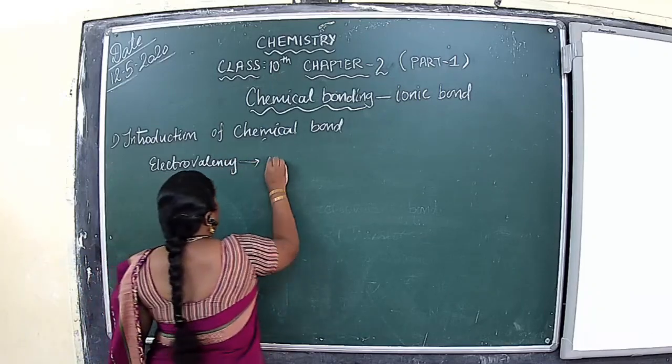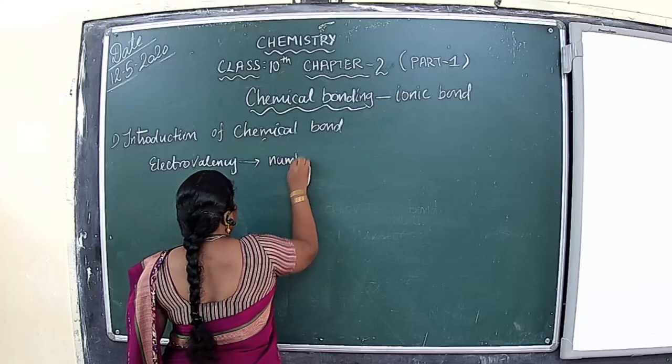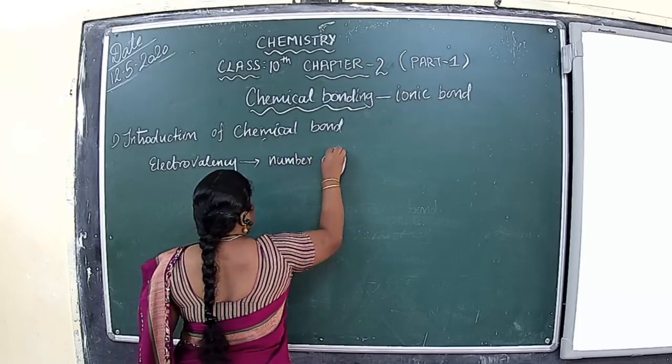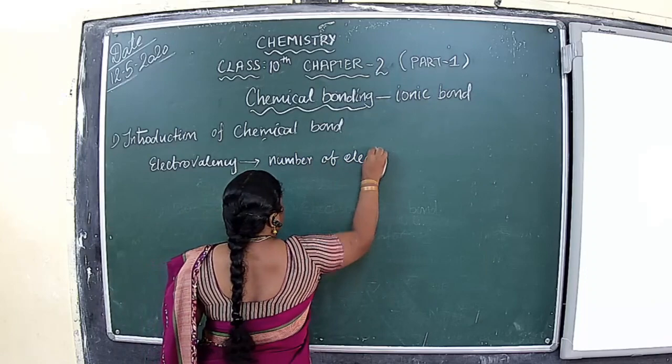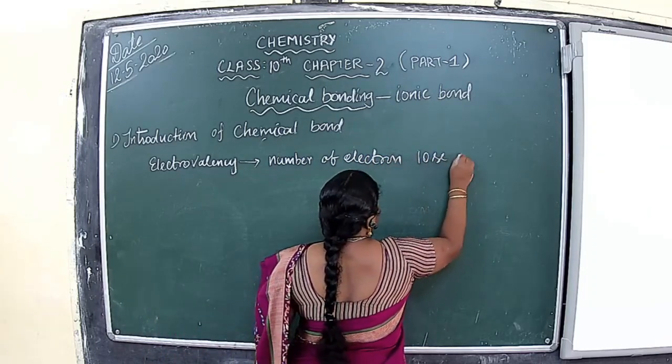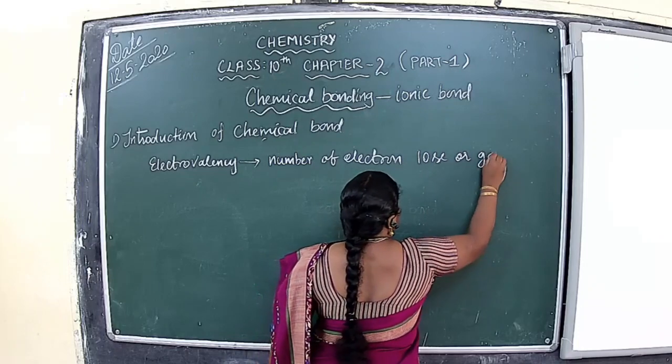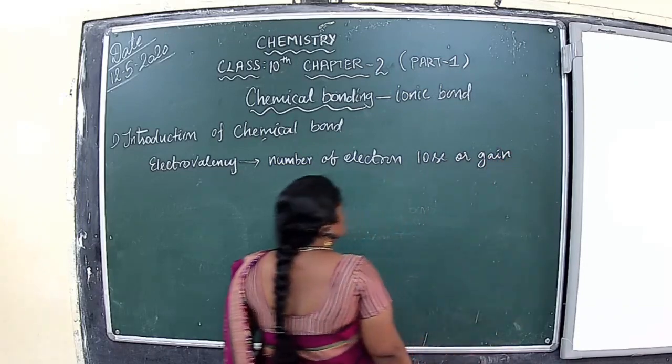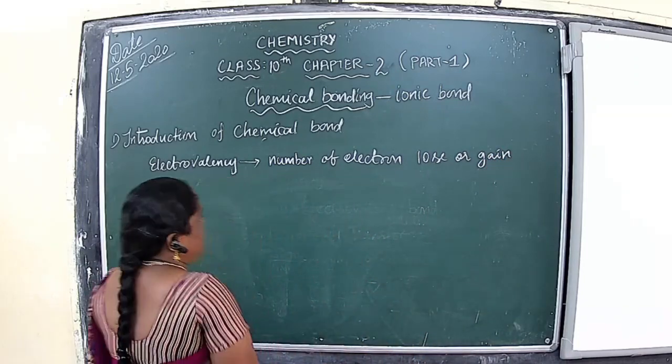So electrovalency means the number of electrons lost or gained to attain the stable electronic configuration.